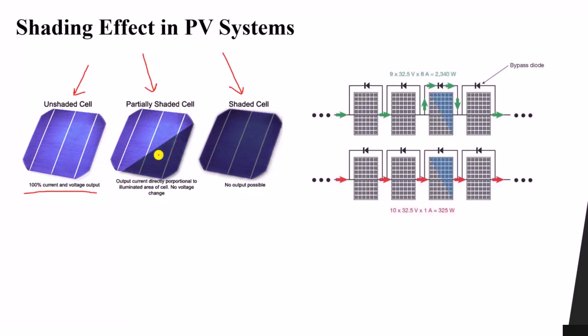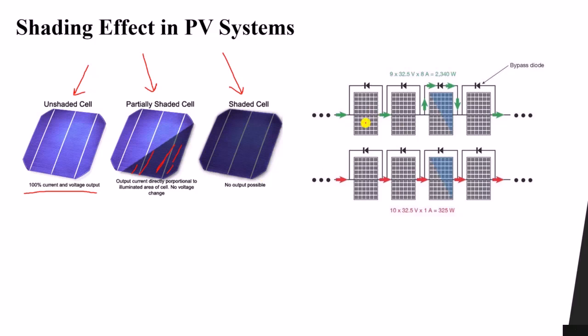Now for the partially shaded cell, the output current is directly proportional to the illuminated area of the cell. No voltage change. So the problem is in our current, which is reduced due to the presence of shading on this cell. Now for a completely shaded cell, we will not have any output: zero current, zero voltage.